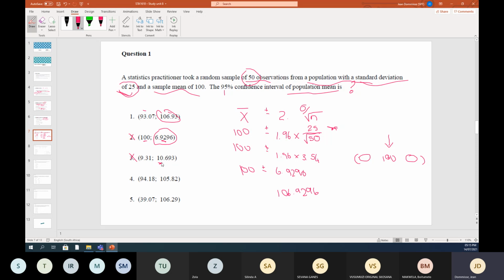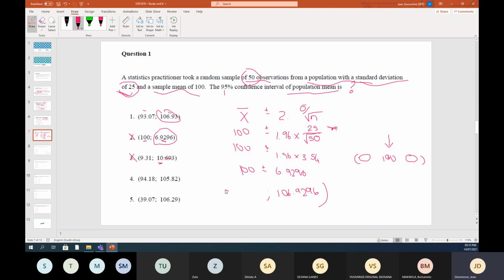See, that one would have been close, it's just where the decimal is. Let's work out the bottom one.